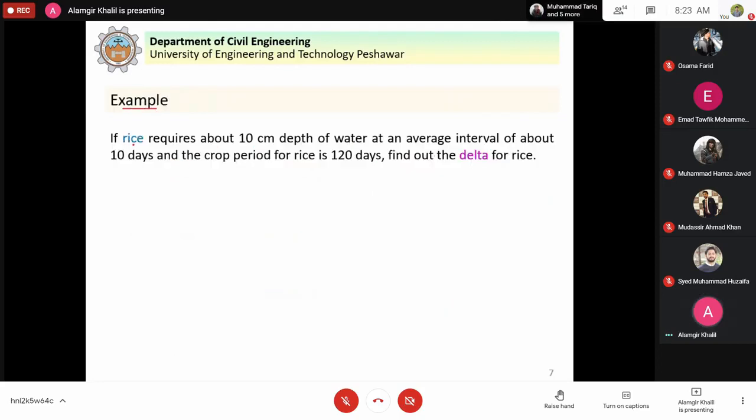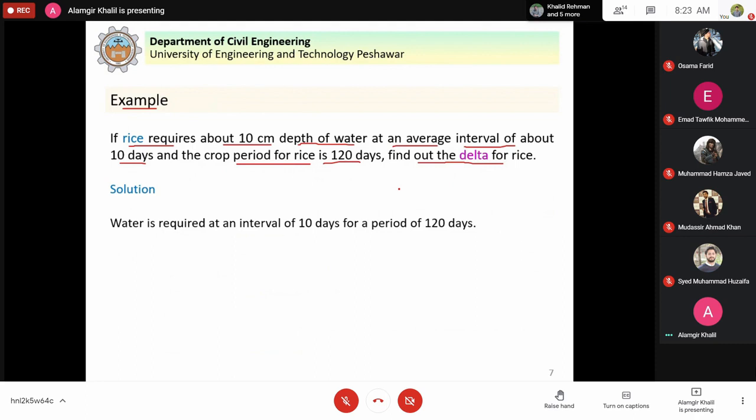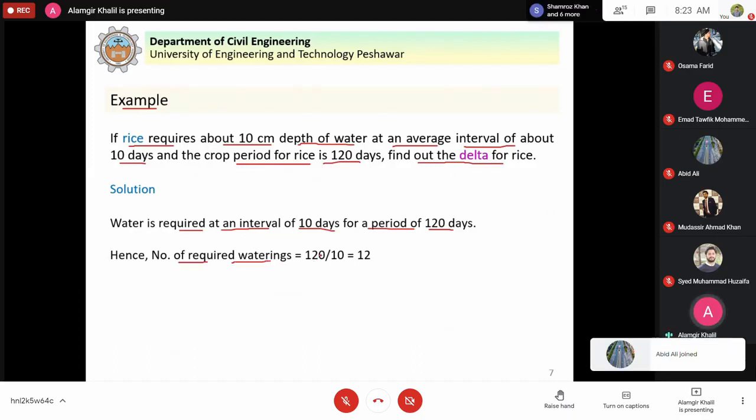For example, if rice requires about 10 centimeter depth of water at an average interval of about 10 days and the crop period for rice is 120 days, find out the delta for rice. Water is required at an interval of 10 days for a period of 120 days. Therefore, number of required waterings will be 120 by 10, 12 waterings.